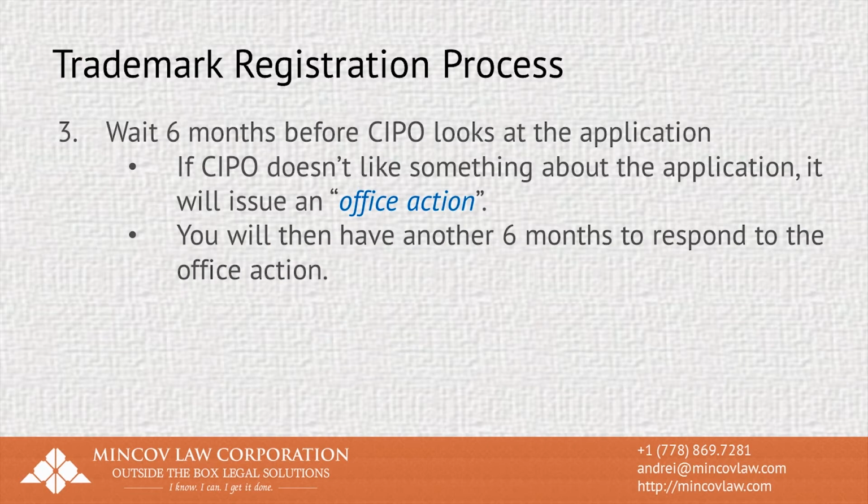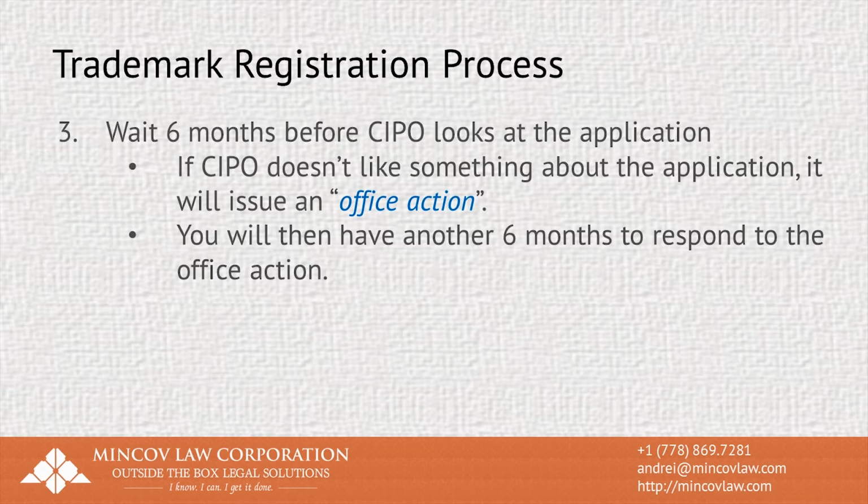It could be that you missed another trademark that may prevent registration of your trademark. It could be that your trademark is not registrable because the examiner considers it to be clearly descriptive or deceptively misdescriptive. Or it could be that the way you worded your statement of wares and services is not specific enough to meet the required standards. And it could be a dozen other reasons.